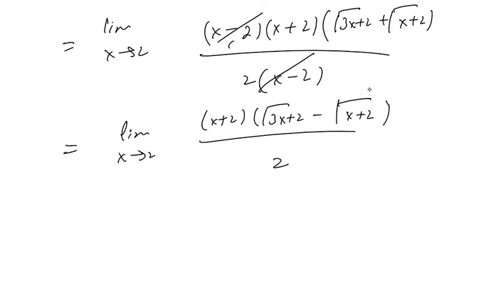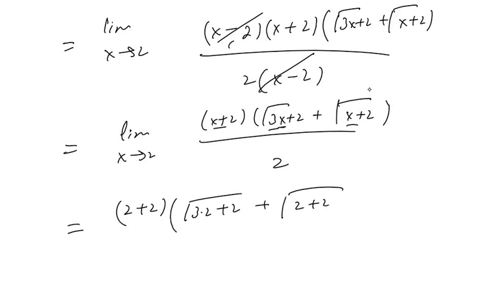Now at this position, if you directly substitute the limit, you're not going to get a 0. So if I substitute the limit, you will just have to replace every x with 2. So 2 plus 2, and then 3 multiplied by 2 plus 2, not subtracted, added to 2 plus 2, and then divided by 2.